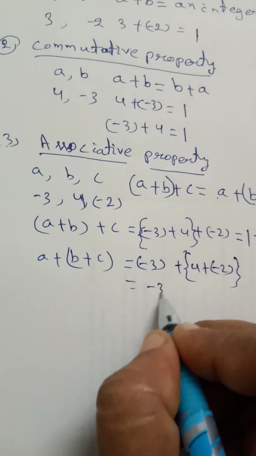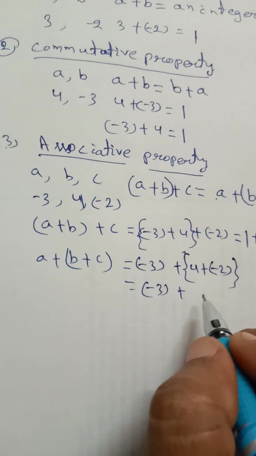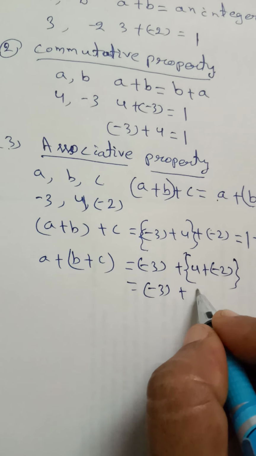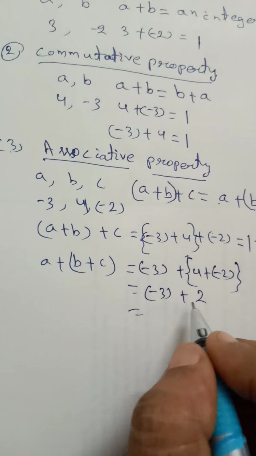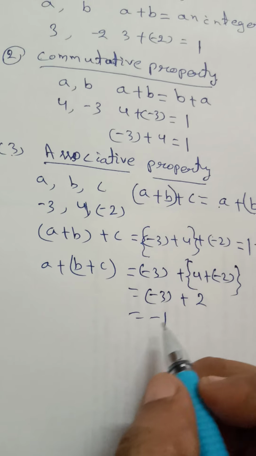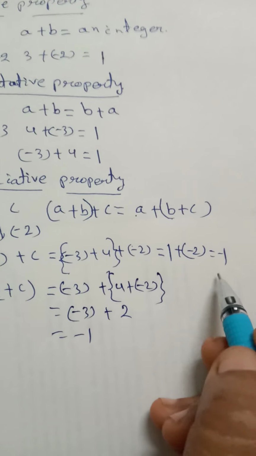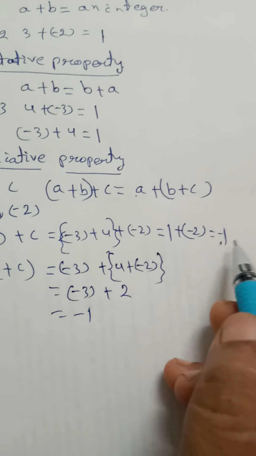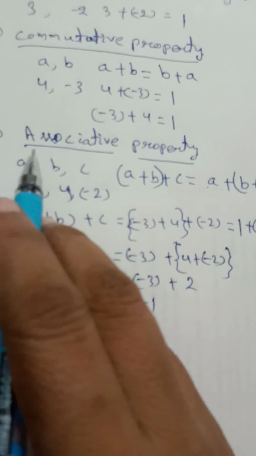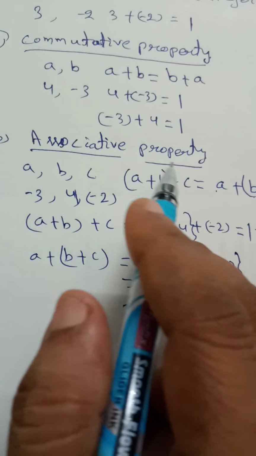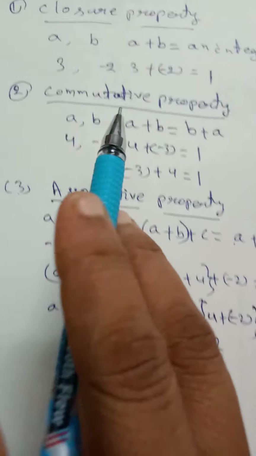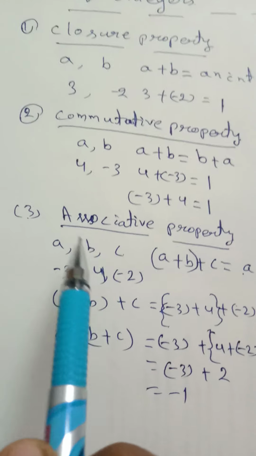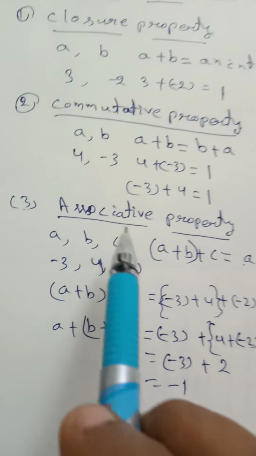First we add this one: 4 plus minus 2 is 2. Minus 3 plus 2 is minus 1. In both cases the result is minus 1. It means addition also satisfies the associative property. So closure property, commutative property and associative property are all satisfied in case of addition.